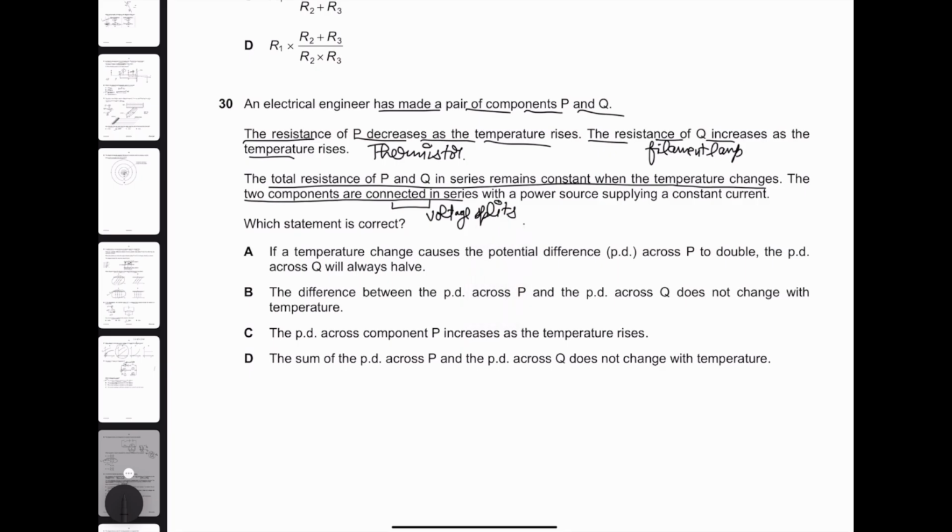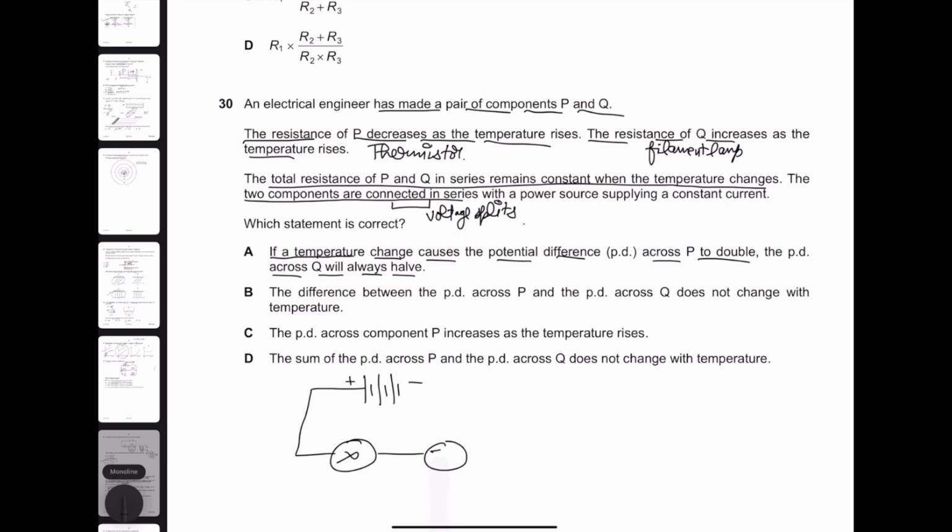All right, so let's see. If the temperature change causes the potential difference across P to double, the potential difference across Q will always halve. Now, by looking at it, it might seem obvious to you that this should be correct, but it's not. Let's say you have the circuit and you have a lamp here, another thermistor here.